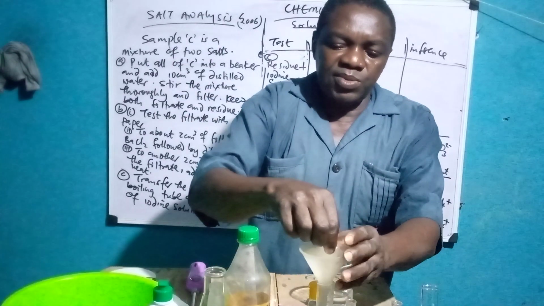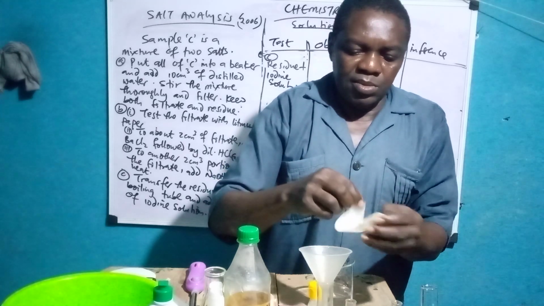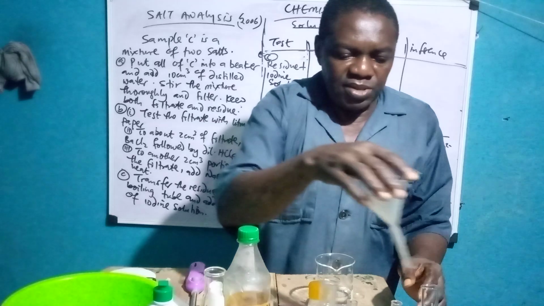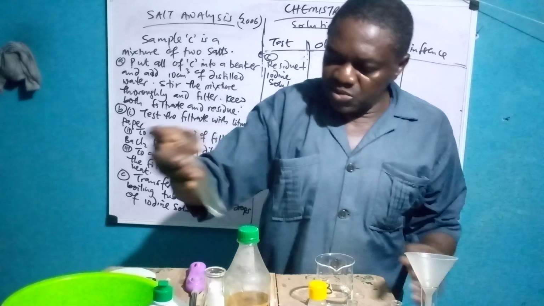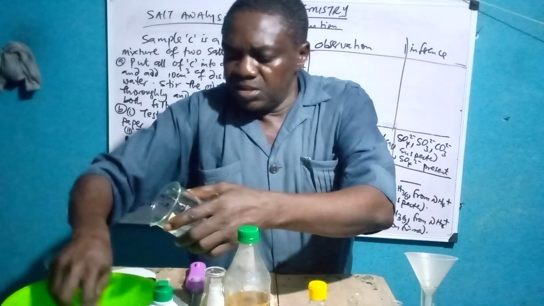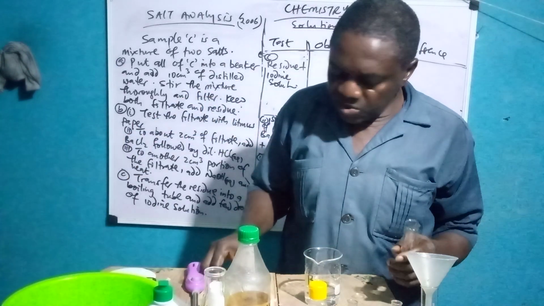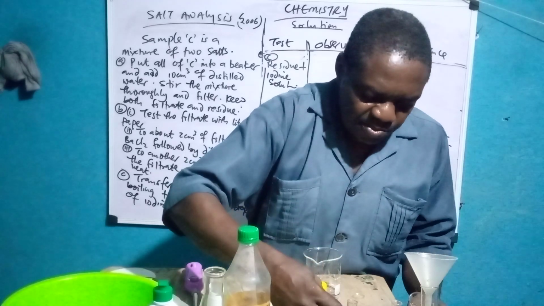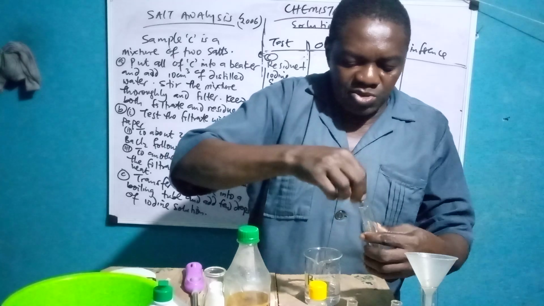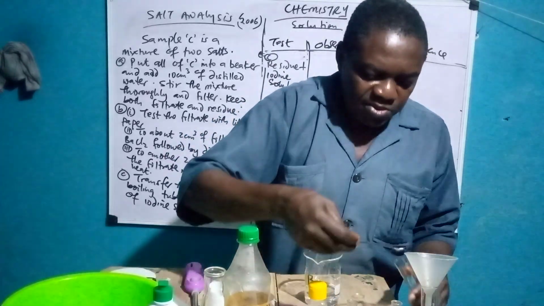This is the residue. This is the residue we have here. So let's remove this and scoop it. Let's rinse it in case there's any remnant left. And scoop it or use spatula. If you are not allowed to use spatula because of damage to the boiling tube or test tube, you can scoop. But I will always prefer use of spatula.